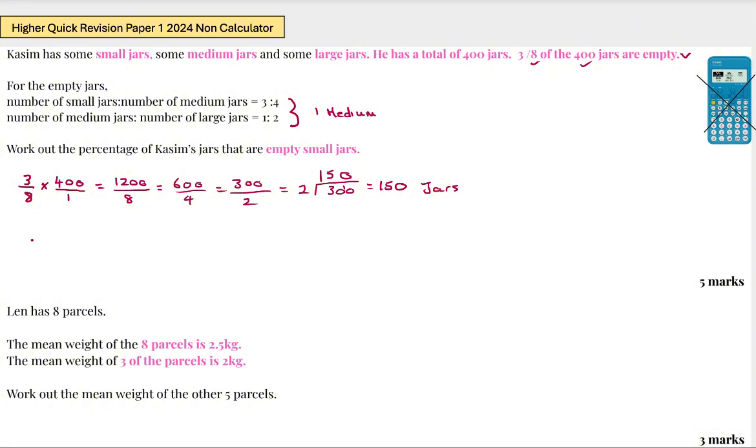So the next bit is let's work on getting only one medium jar because there's 2. So what we're going to do is we're going to go small to medium, and then we have medium to large. And we have 3 to 4, and 1 to 2.